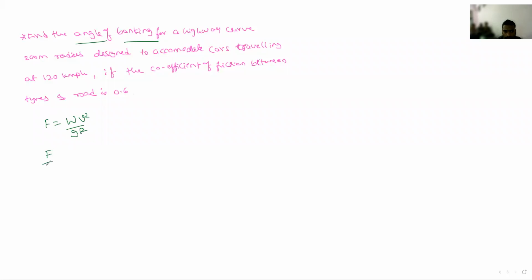So F by W is equal to V square by gR. F by W is equal to mu, the coefficient of friction, and this coefficient of friction is equal to tan alpha.